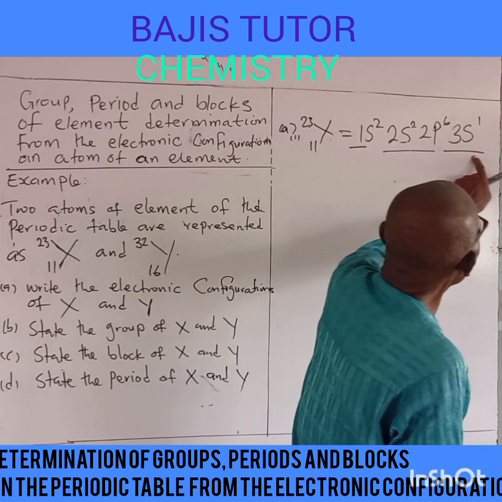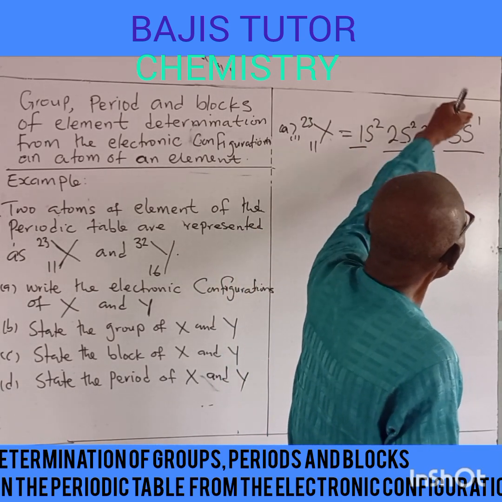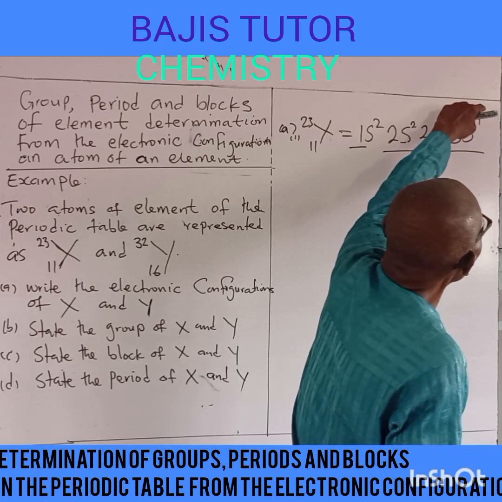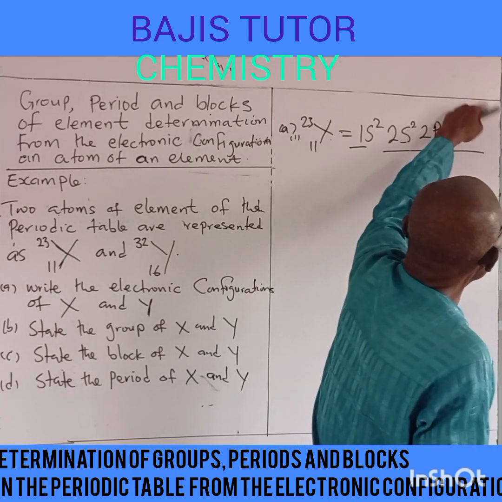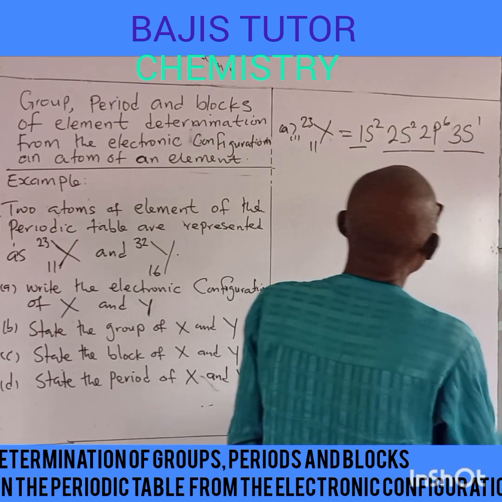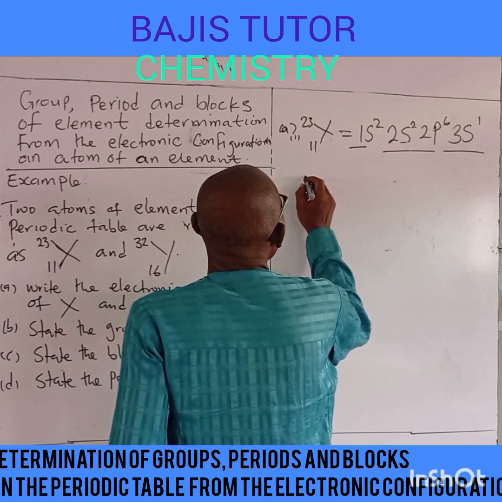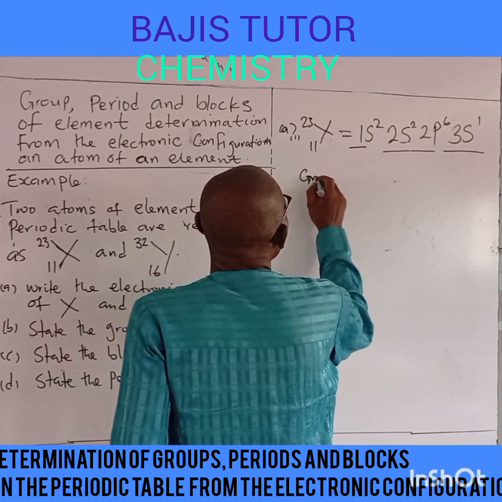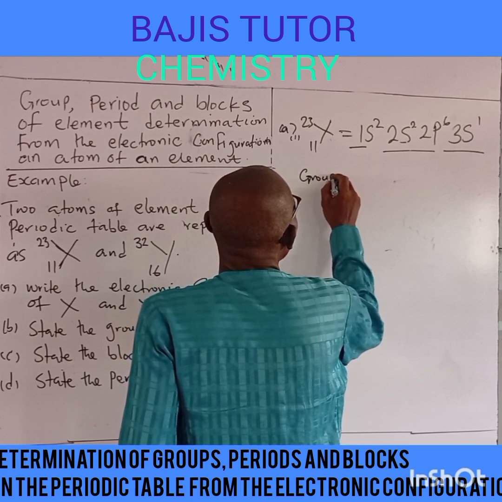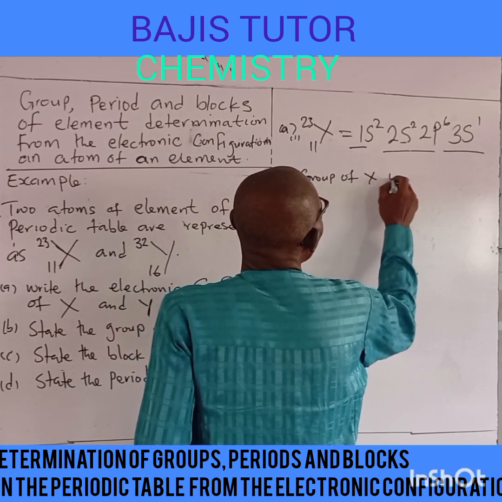Then in this last shell, just count the number of electrons. We have just one. It means the element X belongs to group 1.